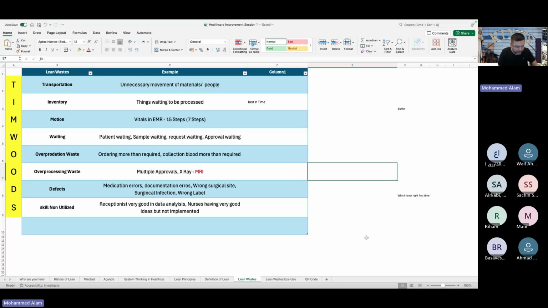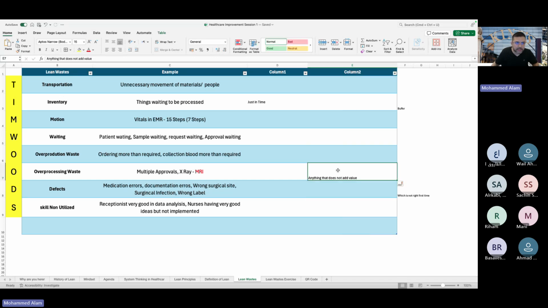Over processing is anything that does not add value. Now, in this case, if based on the diagnosis the doctor realized that MRI is the right thing to do, and he ended up doing the X-ray first, then the X-ray becomes the over processing.